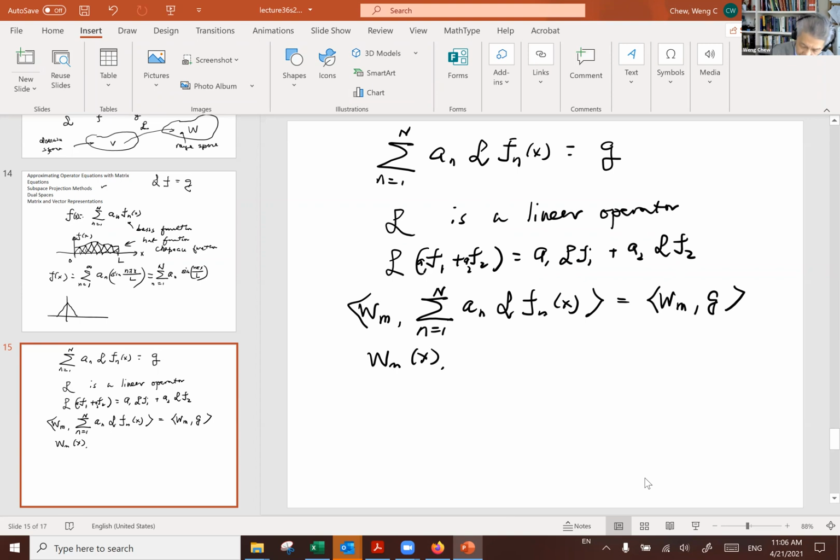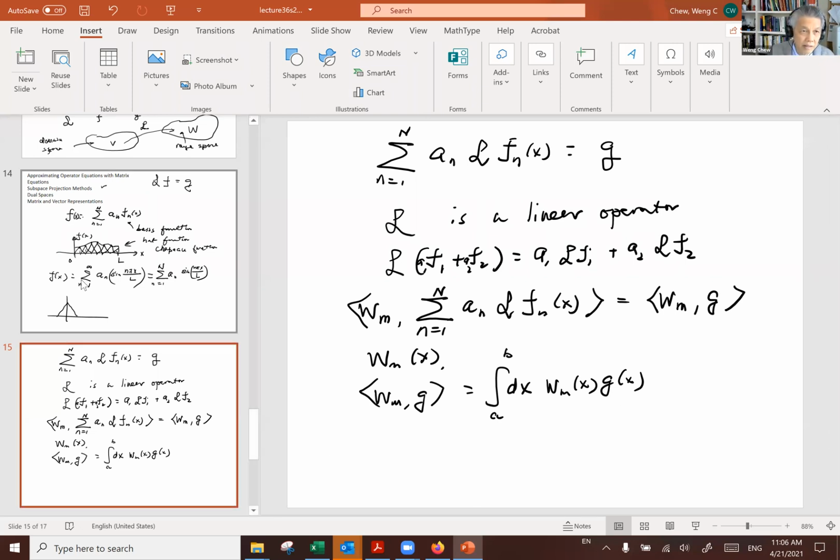The inner product here means that the inner product of w_m and g is the integral of w_m(x) g(x), from a to b, for instance. It can be from 0 to L, for instance. It doesn't have to be from 0 to L, but over the space in which the function is defined.